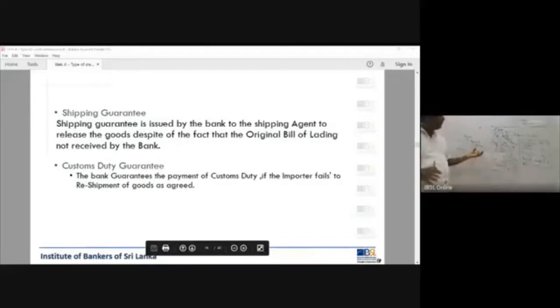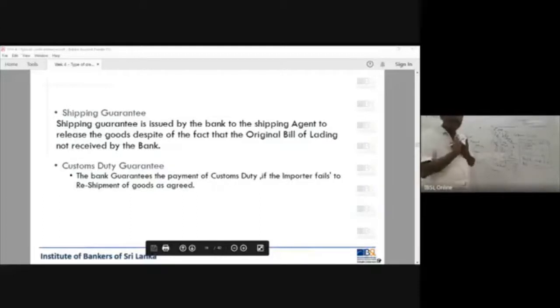Right? The ownership of the goods lies with this document set. Bank to bank documents have not come, but through the shipping agents, documents have come into the country. Right? Now, Mr. Pereira comes and says, documents have come, there is a delay, I want to take out the goods.